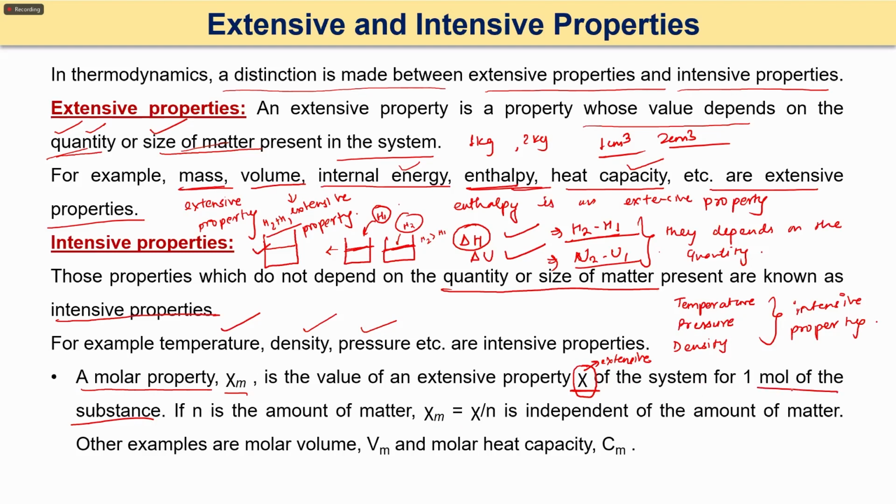Here n is the amount of matter. So chi m, which is written as chi by n, will be independent of the amount of matter. If this is the case, then this will become an intensive property.